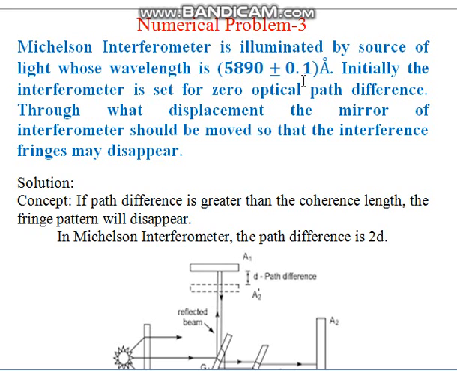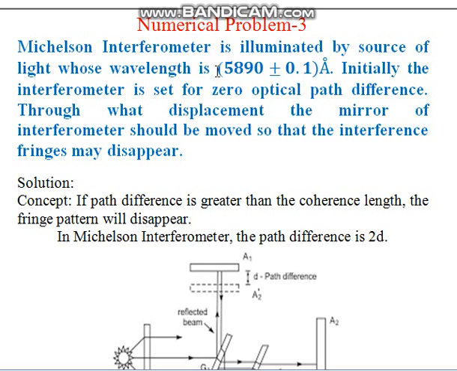The wavelength coming from the source may be 5890 plus 0.1 or minus 0.1, or anything in between; there may be many values in between these two values. So this bracket tells the limitation of the sodium light. Sodium light is not a true monochromatic source because there is no single wavelength, there are multiple wavelengths.